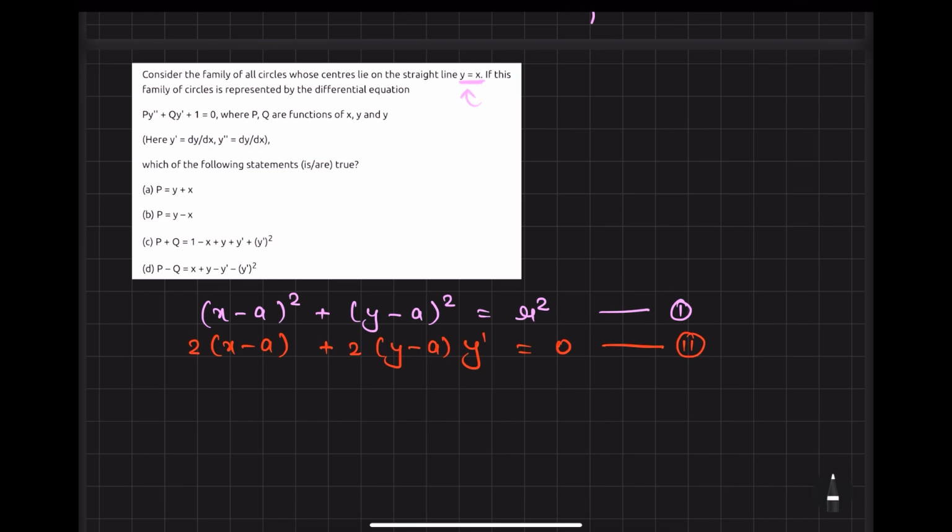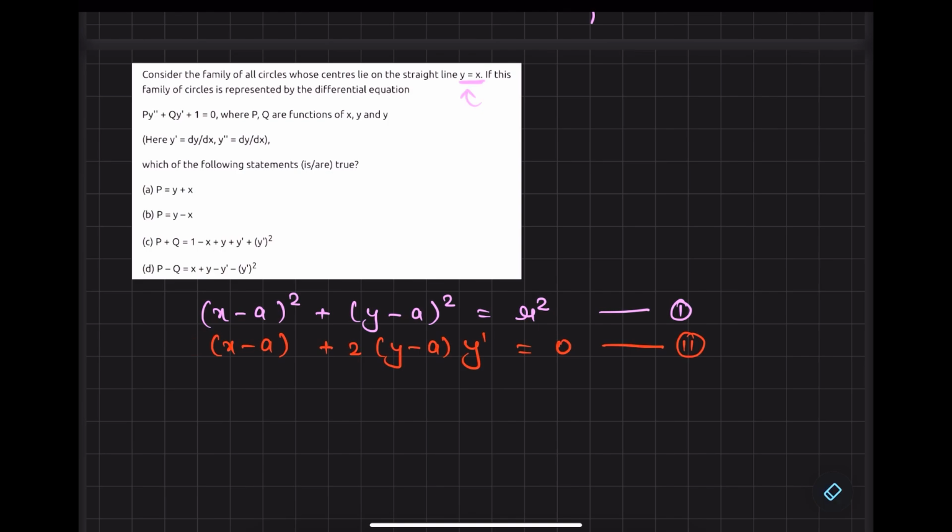So we have 2x. Differentiation of 2x is 2. Differentiation of minus 2a is 0. And then we have differentiation of 2y y dash. You know that 2 is a constant and can be taken outside, or let's simplify this way. Can I divide both sides of equation 2 by 2?